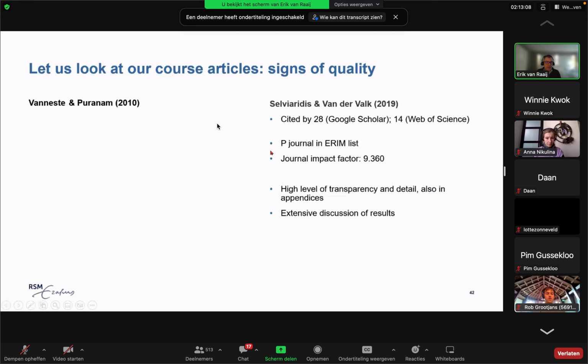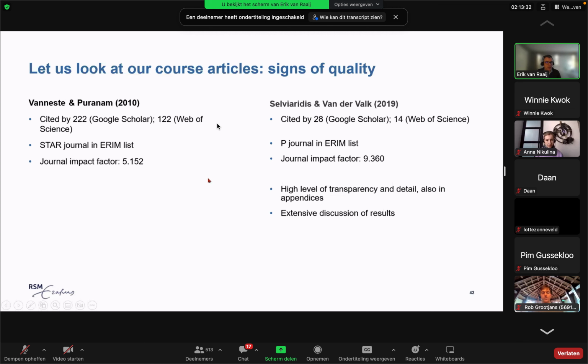But if we take the other one, it's a little bit older, so it had more chance of being cited. And you see that it has indeed been cited a lot more, more than 200 times in Google Scholar, 120 times in Web of Science. It's a star journal, so that also explains partly the citations. People like to cite better journals, so a star journal will generally have more citations.